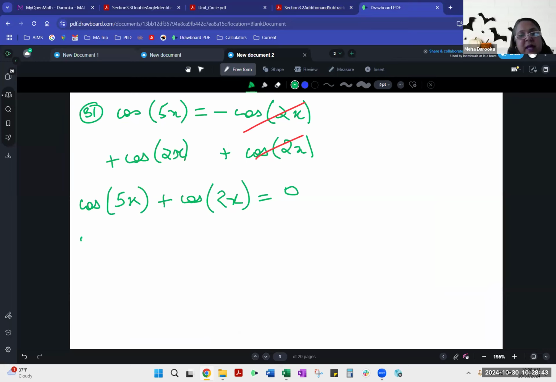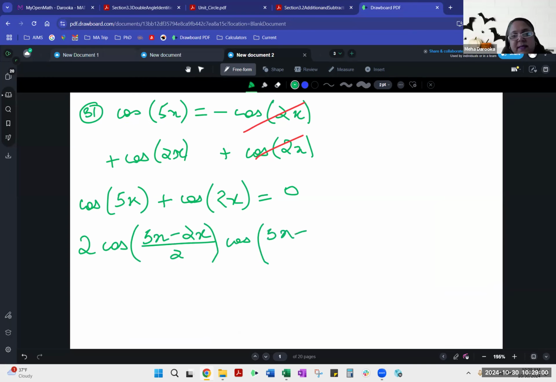So applying that, we will have positive 2 in the front, cosine of (5x plus 2x) divided by 2, and cosine of (5x minus 2x) divided by 2.